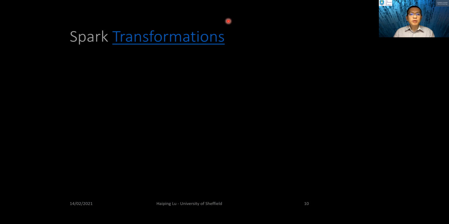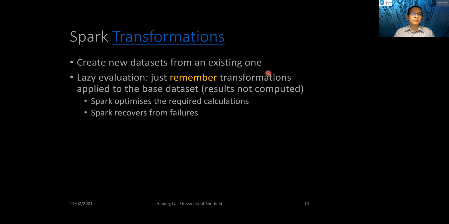Let us look a little more at Spark transformations. You can click this link and go to the documentation. Spark transformations create new datasets from an existing one. Just remember, it is lazy evaluation. For transformations, we just remember the transformations applied to the base dataset, but the results are not computed.